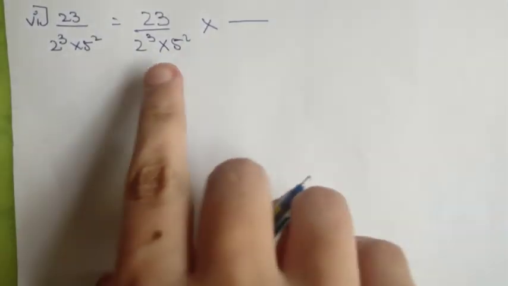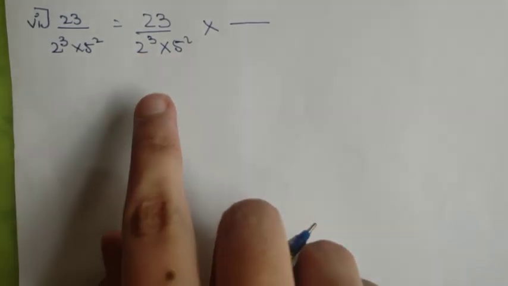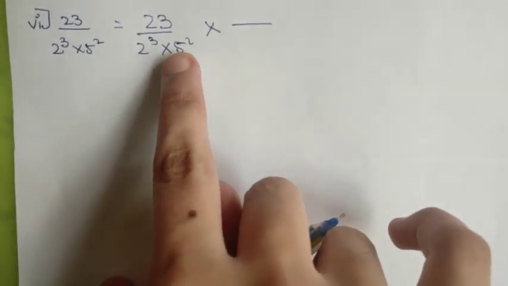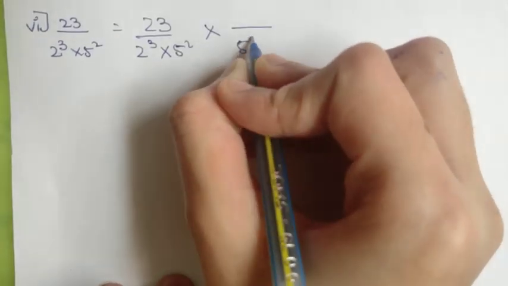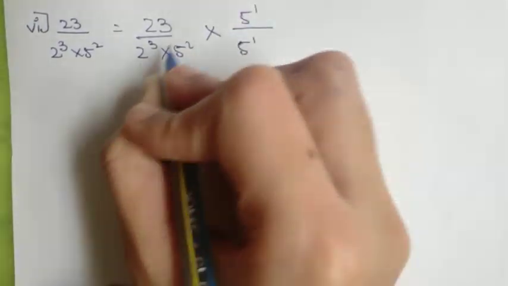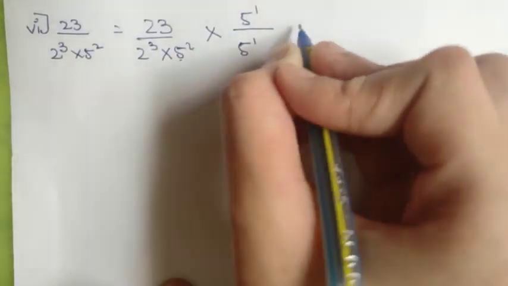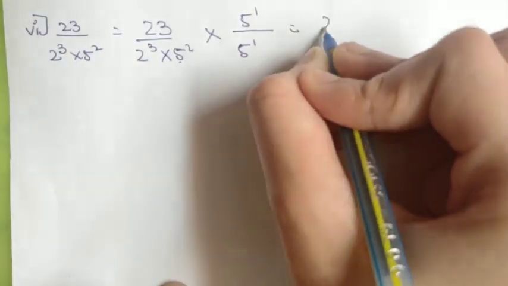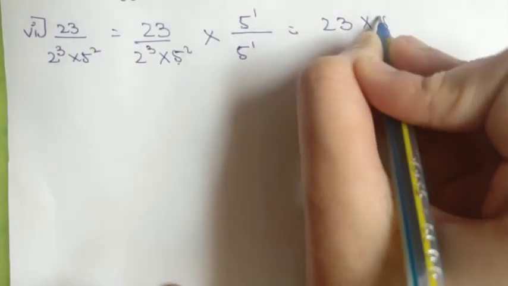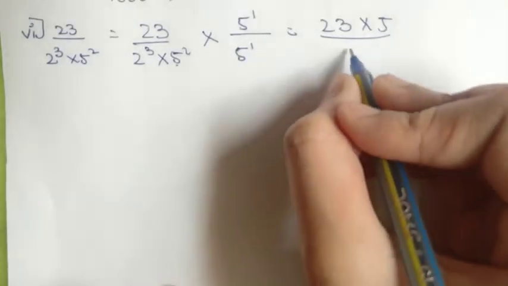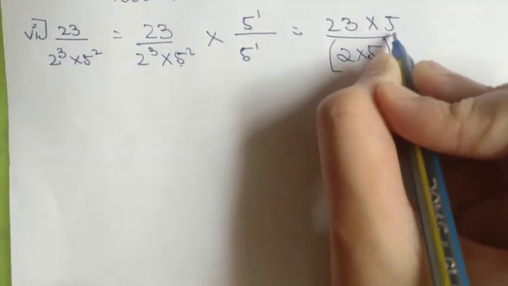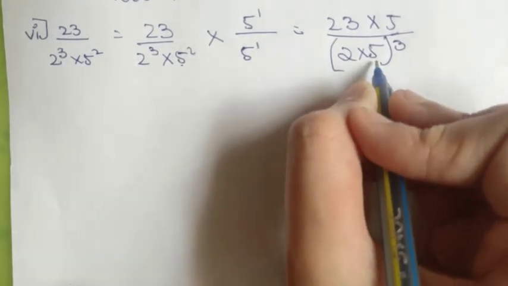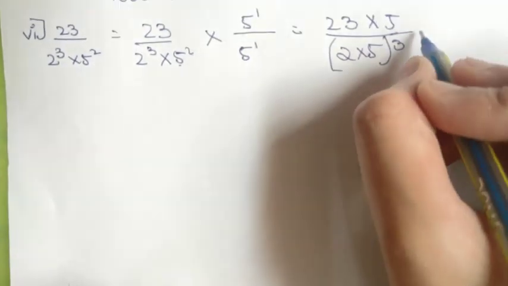Now you can see, when I want to make this 2 common, here I have 2 and here 5, 1 I'll write. So here also 5, 1, that becomes 2 plus 1, 3. So here I can take it as common. Okay, so here I can take 2 into 5, and common 3, that is 5 into 2 into 5 root 3.